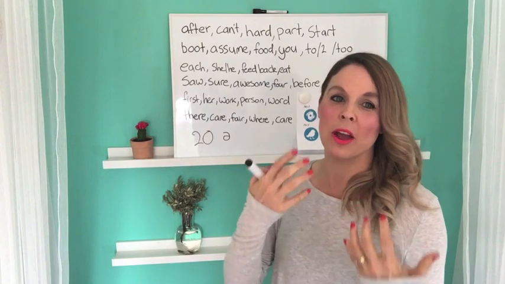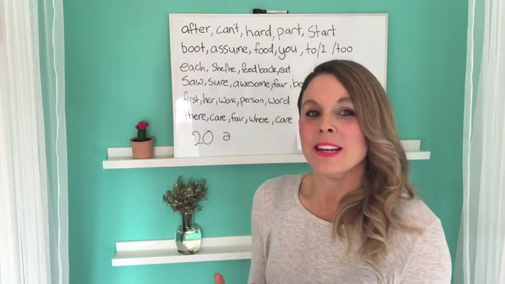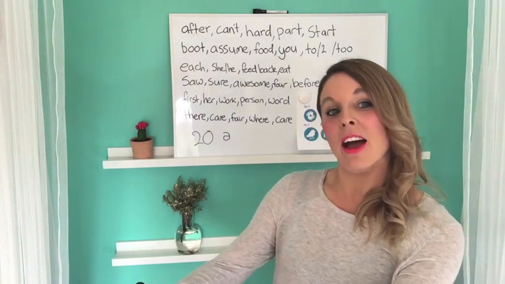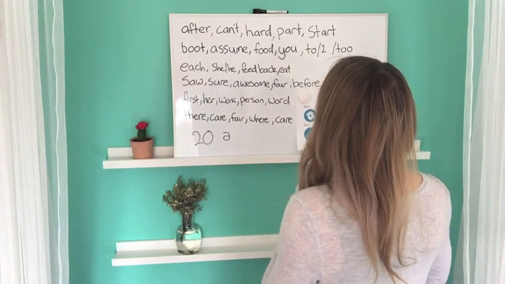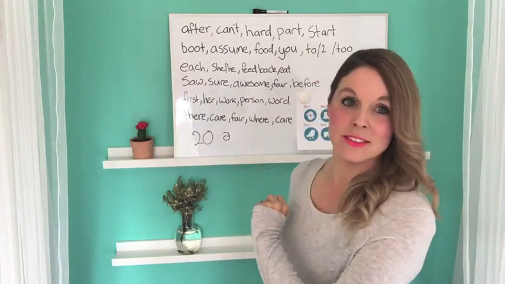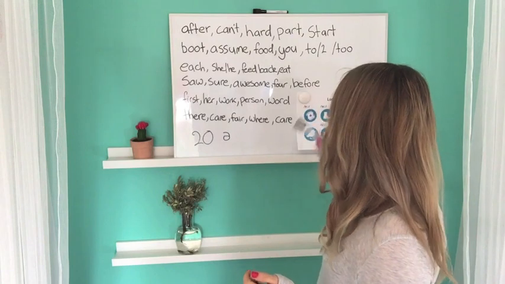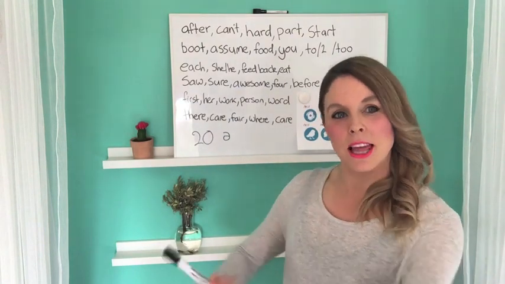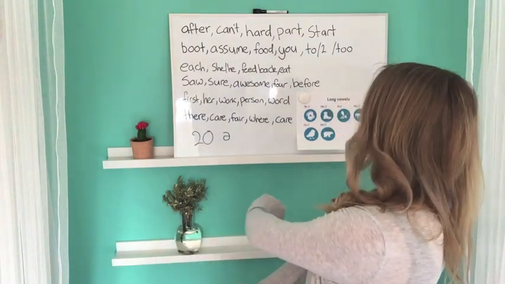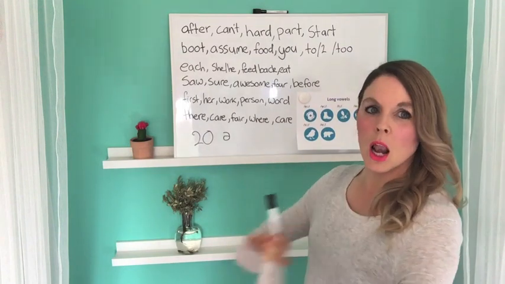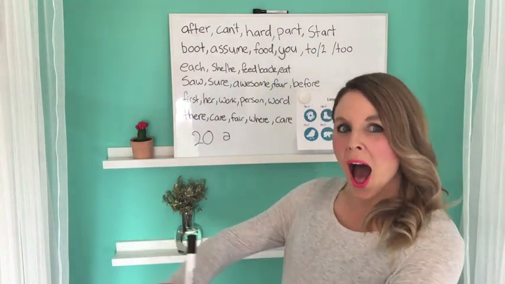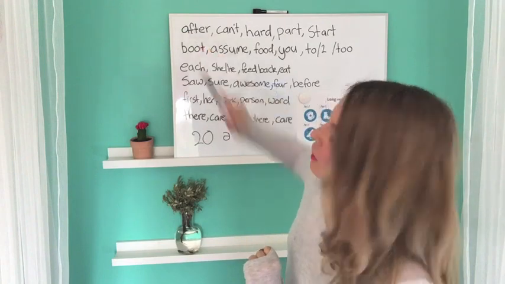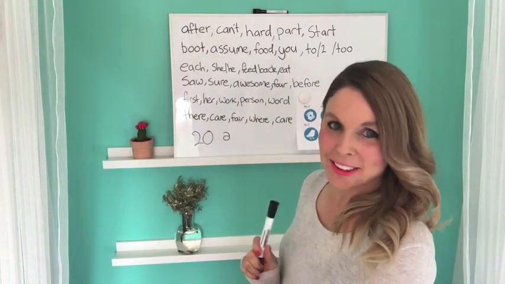And then along with width of the mouth we need to get length in the vowel. So having these little dots or a semicolon after the A indicates length of the vowel, so we have to get the vowel to be long. And here are some words here for you to practice.